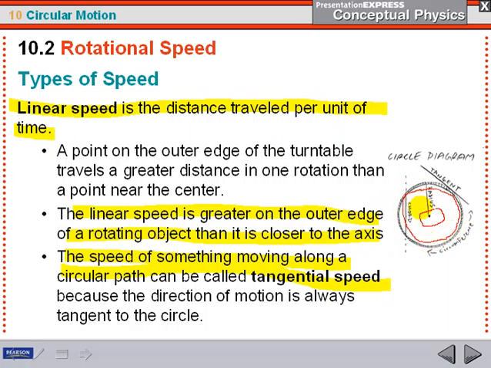If we take this line and lay it out, the first line is roughly only that long, and the second line is about that long. So you can see that in the same amount of time, the outer path traveled a greater distance. I like to think of the linear speed as, if we took the path and laid it out in a line, which one would travel the further distance in the same amount of time.